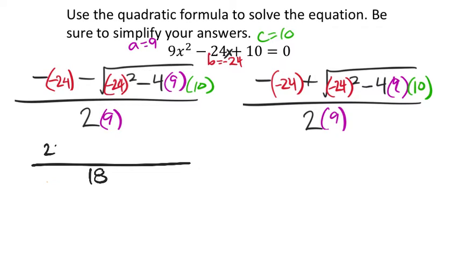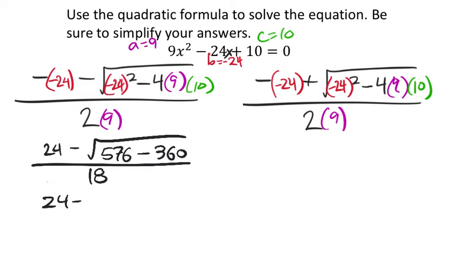Negative 24 would be 24 minus. And then in the square root, I'd have the negative 24 squared, which would have been 576. And then minus 4 times 9 times 10 should have been 360 right there. So 576 minus 360 gives me 216. So that would have been 24 minus the square root of 216 all over 18.